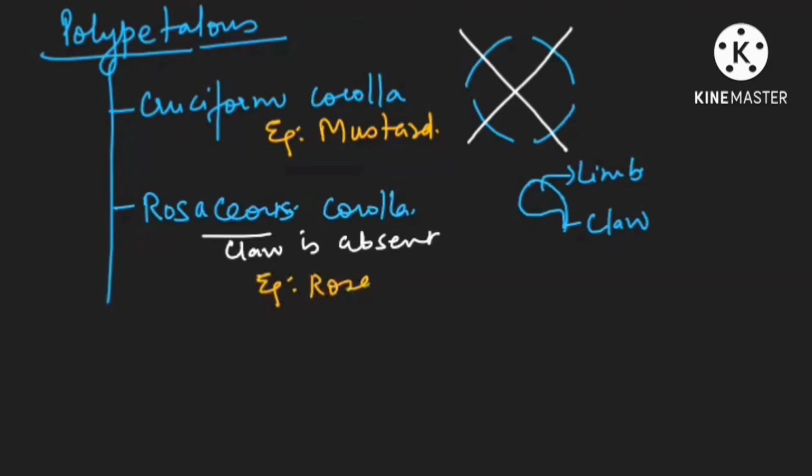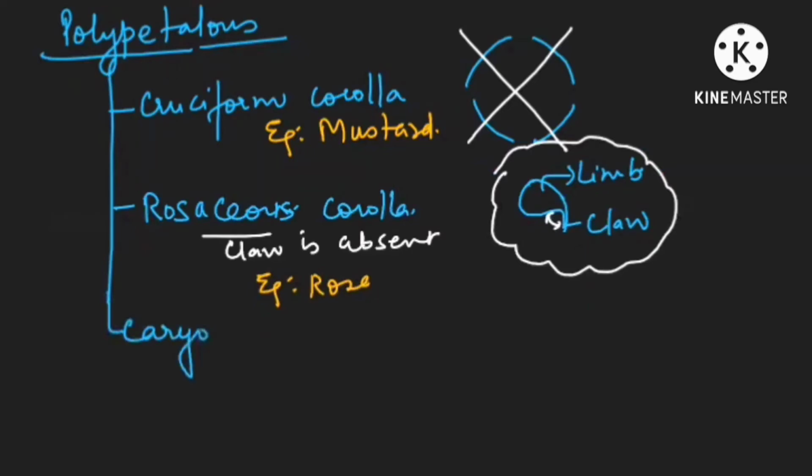But suppose the claw is present and it is making a 90-degree angle with the limb. The way I've drawn the diagram, the claw and limb angle is 90 degrees. Such type of corolla is seen in the dianthus, and that is known as caryophyllaceous corolla, where the claw makes a 90-degree angle with the limb.